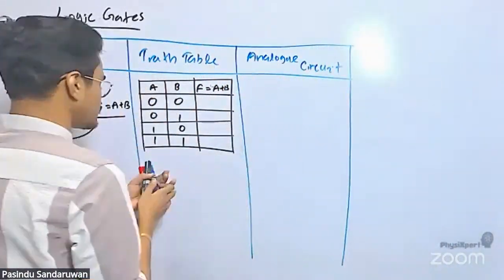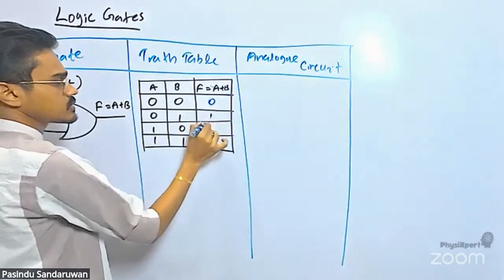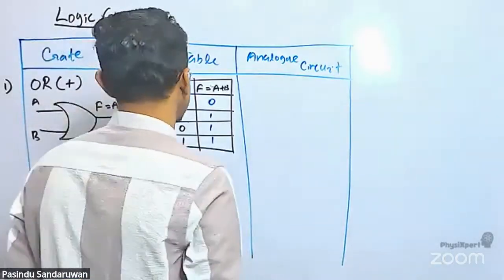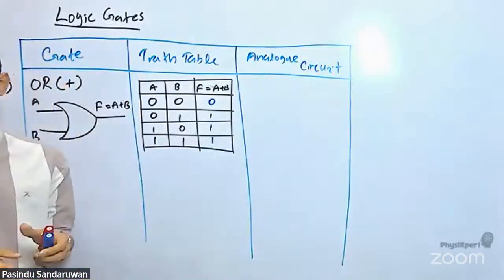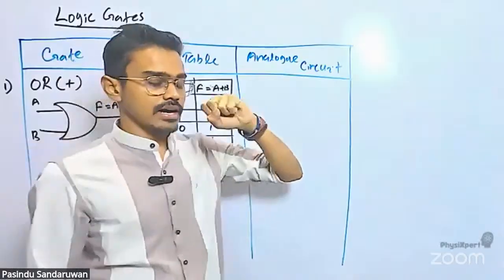Right, see, the truth table is 0 plus 0 is 0, 0 plus 1 is 1, 1, 1. Right, analog circuit using switches and bulbs. Now the idea of the OR gate is logic.